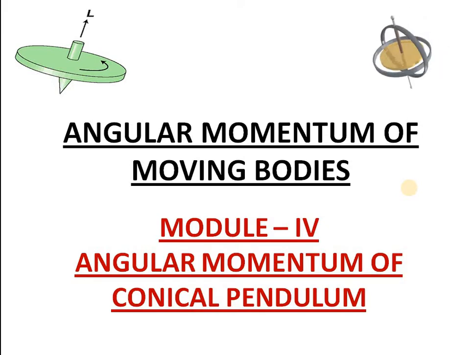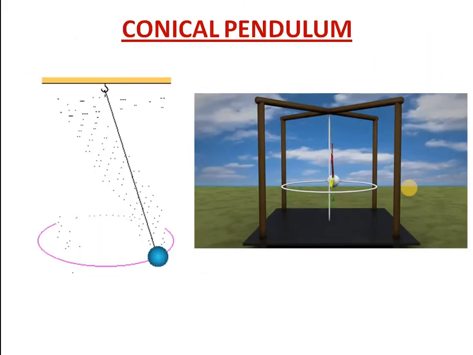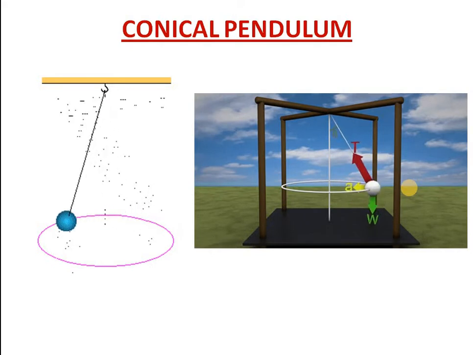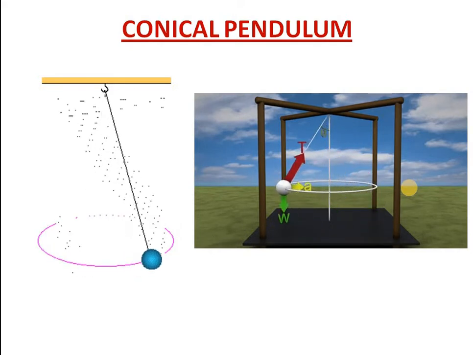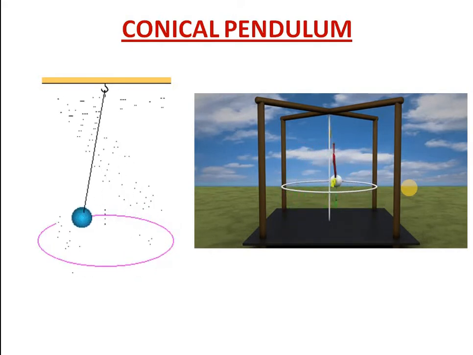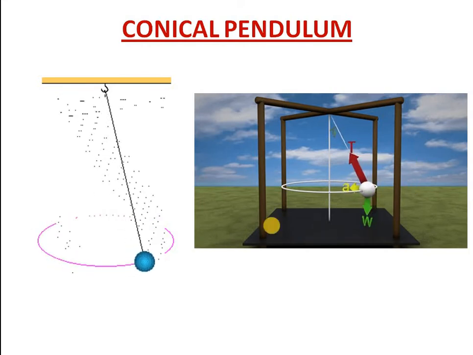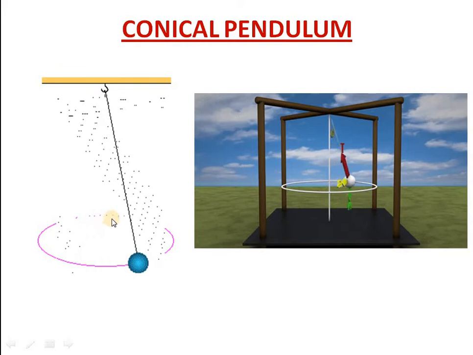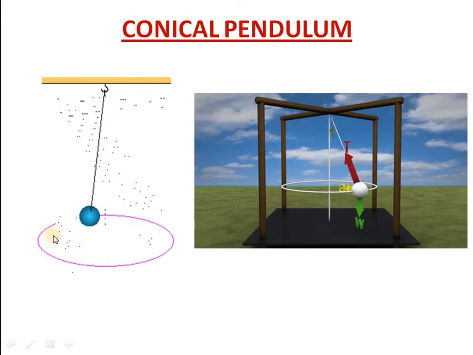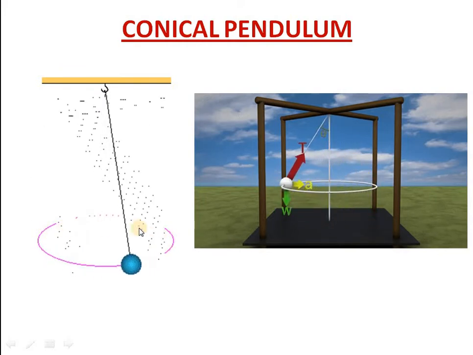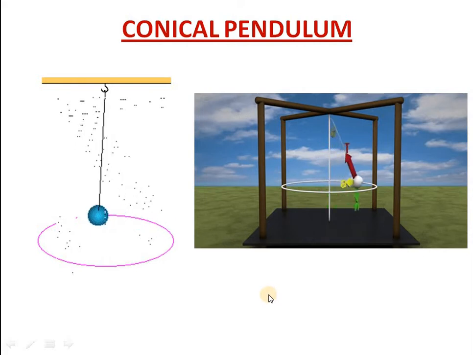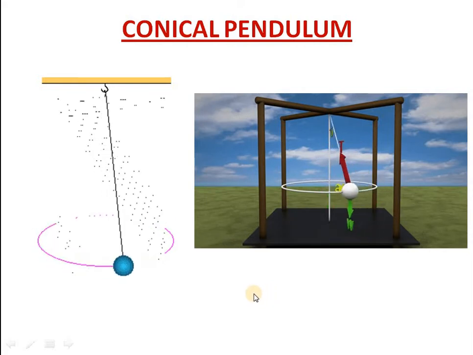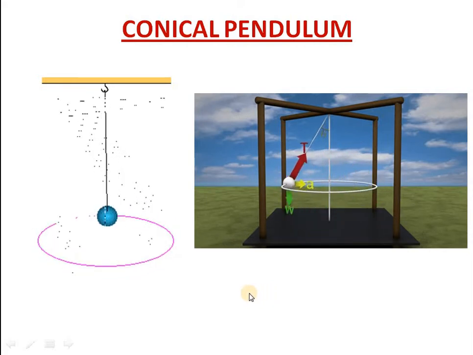Let us begin with the introductory part of the conical pendulum, in which we will calculate its period. As you know, a simple pendulum has a string and a bob, and the bob moves in a to and fro path, always in a straight line.